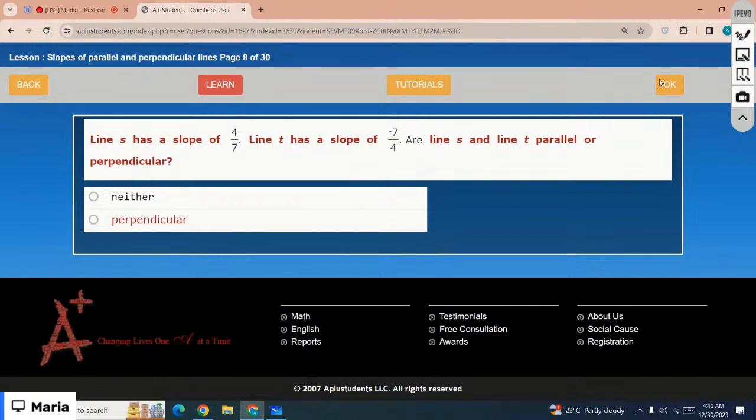Yes, very good. The correct option is perpendicular. The lines are perpendicular, right? Because their slopes are negative reciprocal, that means the lines are perpendicular. Got it?